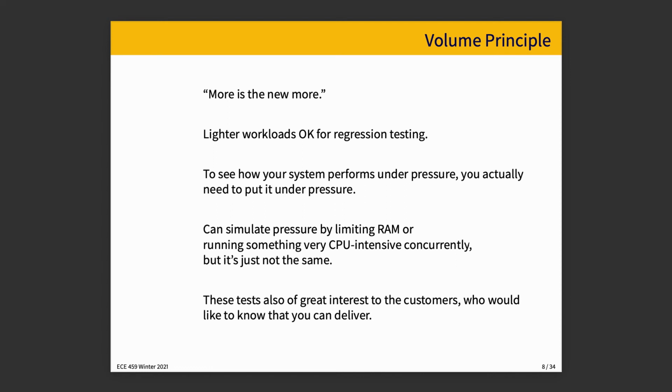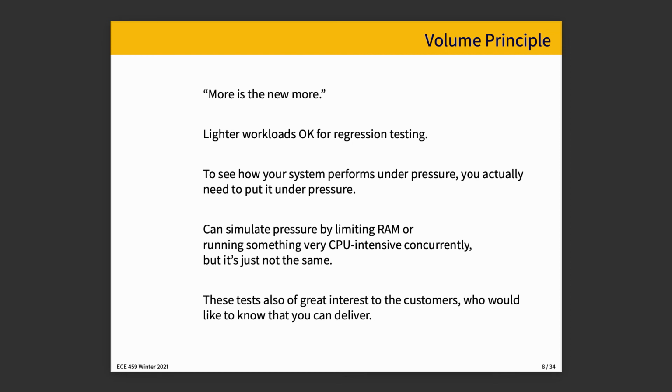However, those things are not just the same, right? It's not the same as if your application is actually using a lot of RAM to just go to the box and take out some RAM, or go to its configuration in your Amazon console and say, actually, we need a smaller instance, please and thank you. Those things work. They give you a simulation of what happens when resources are limited, but the answers that you get might not be exactly the same as they would be if you were actually limiting it for real.